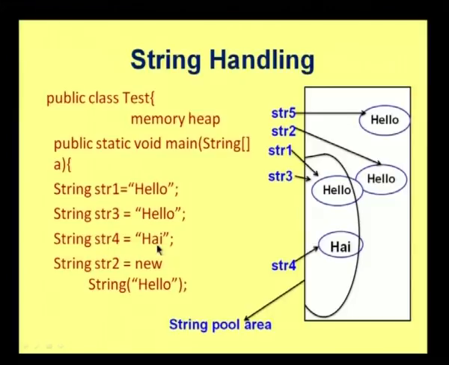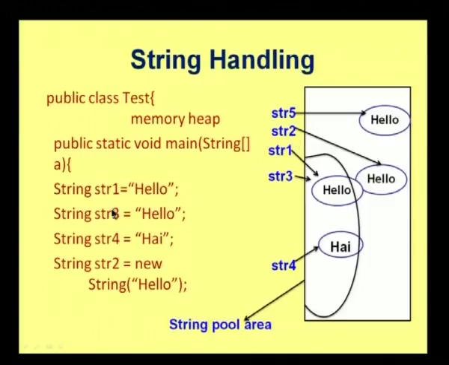Here for string 4 we have assigned the value hi, and automatically a new string memory is allocated and assigned. Then I have a new str2 where I am allocating memory. Here we have the new operator and I am trying to create a string with the same value. But in this case a new memory will be allocated and assigned to the variable str2.